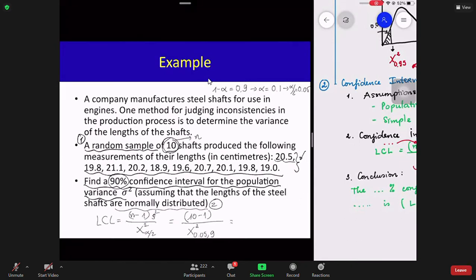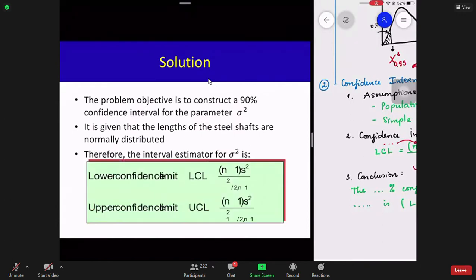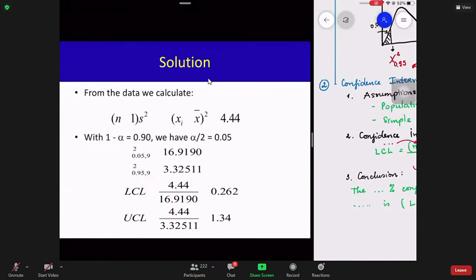And then we have to find the value of s squared here. So let's see how we can do this. I think this is given in your slides. So we have chi-square.